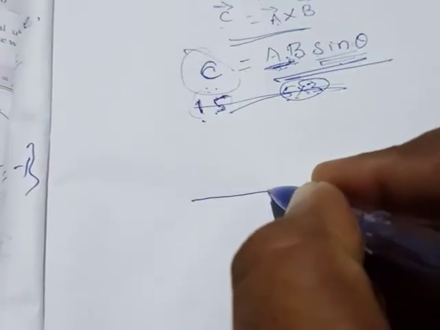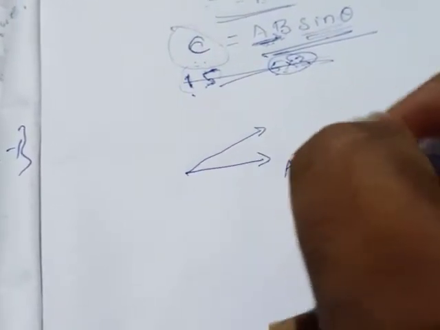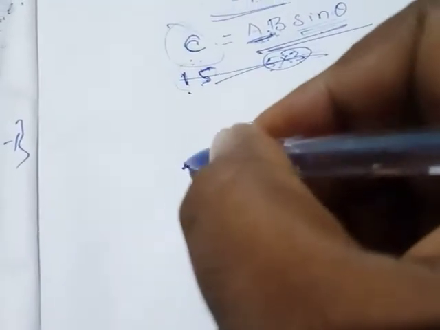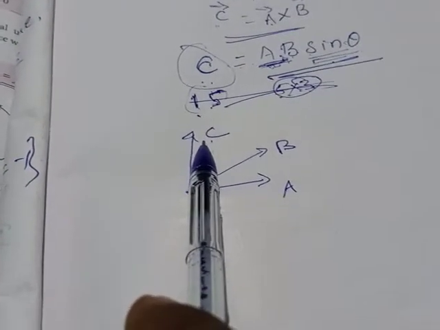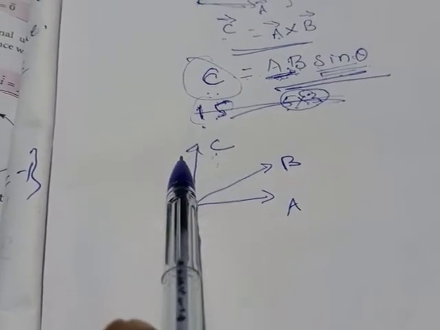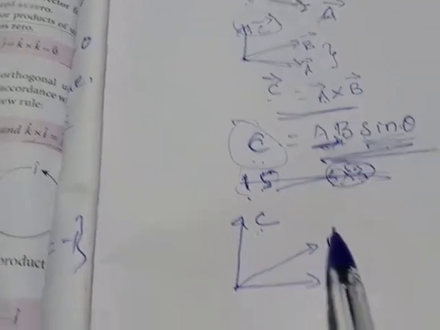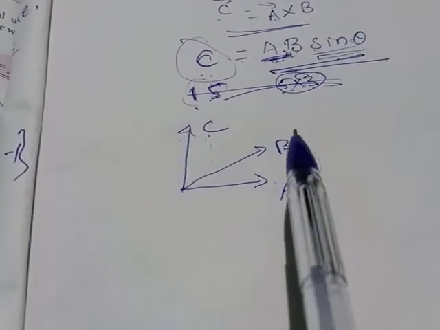As I already told, if three vectors are there like this, this is A, this is B, then C is the vector product of any two vectors, A and B.